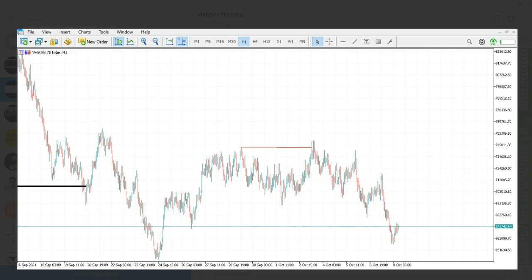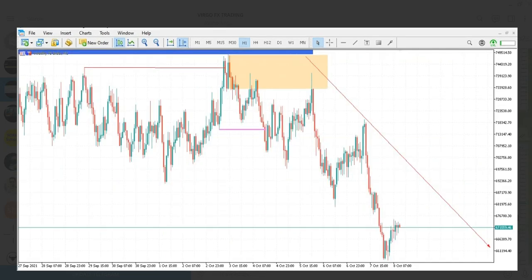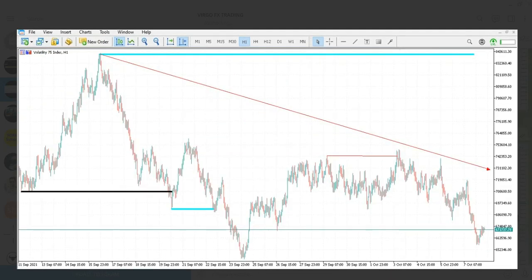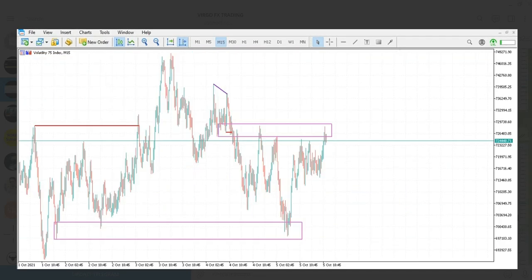You can only trade it on a higher time frame, only on higher time frames. But I'm not here to advise you on that. I was just here to show you how to get sniper entries on anything that you are trading. In this instance, it is on V75.